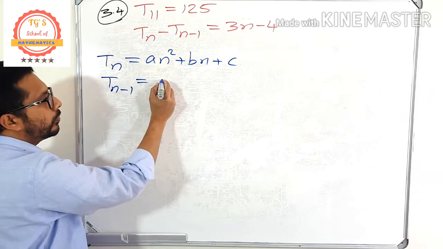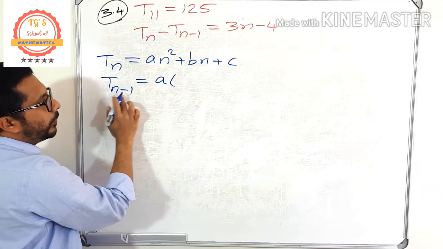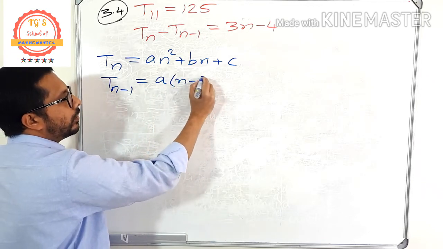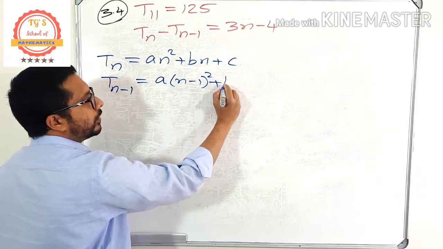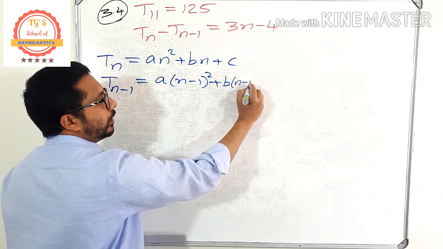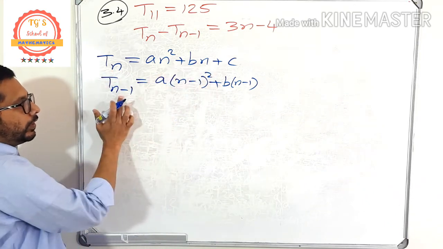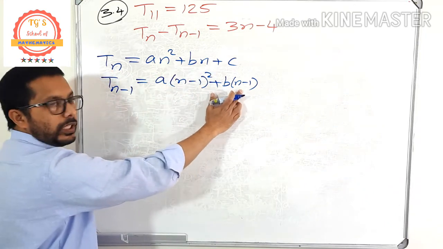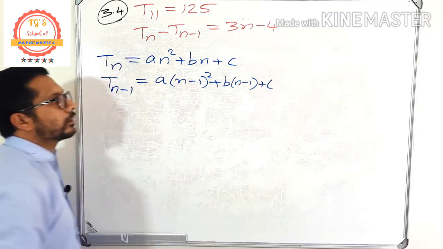So it is a into n minus 1 the whole square, plus b into n minus 1, plus c.